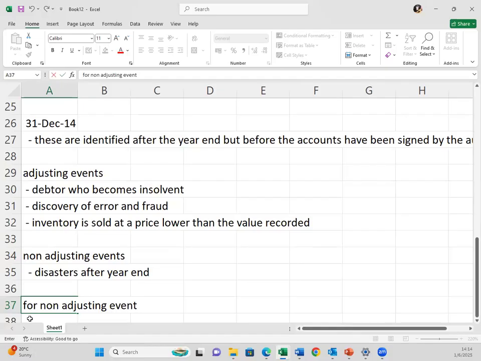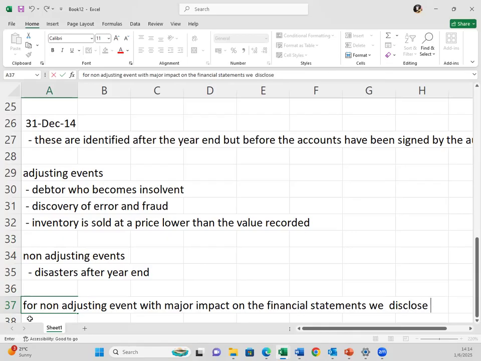So for non-adjusting events with major impact on our financial statements, we don't adjust, but we disclose.